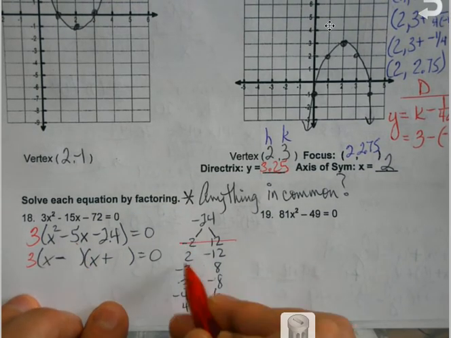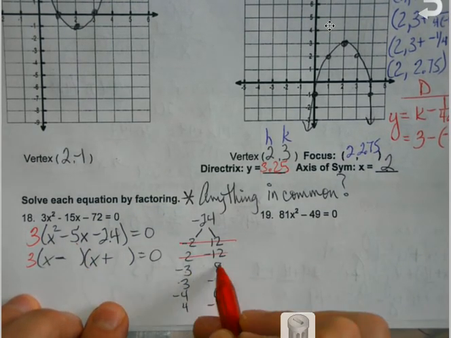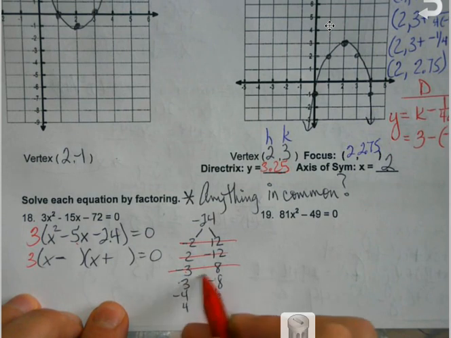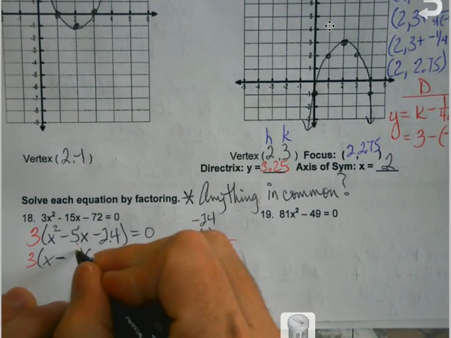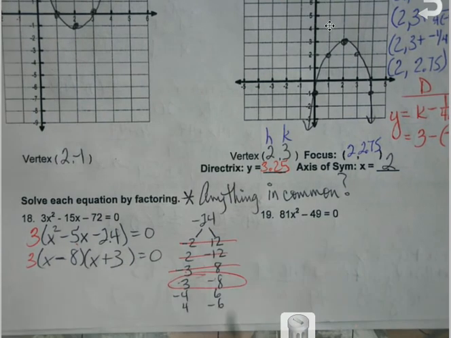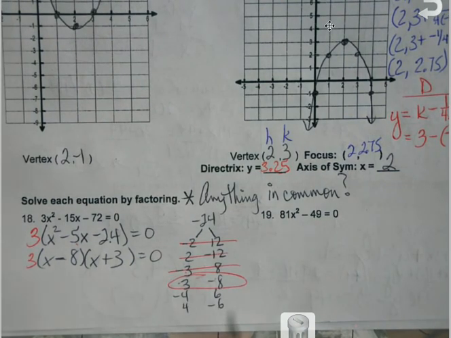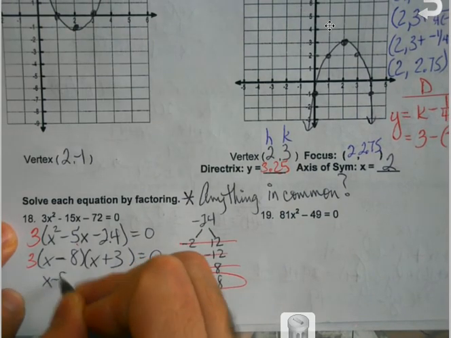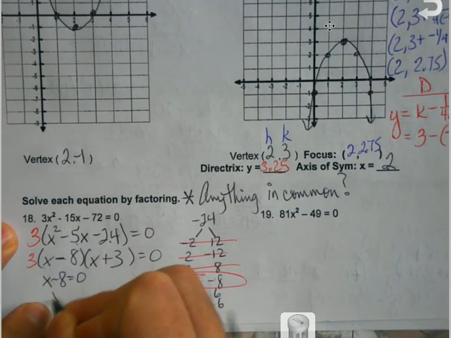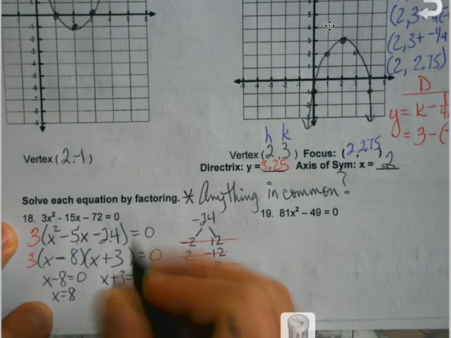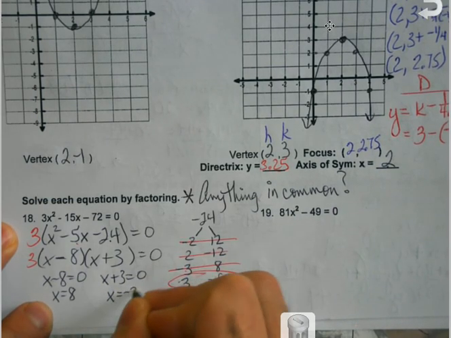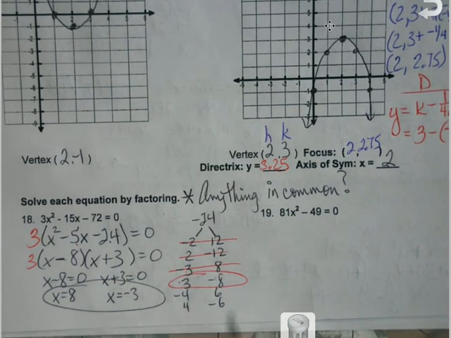Nope. Nope. Nope. Oh yeah. So -8, +3. Great job on the factoring. Solve it. Don't stop. Don't lose a point you don't need to. Set it equal to 0. Don't set the 3 equal to 0. There's no variable with it. Get the answers.